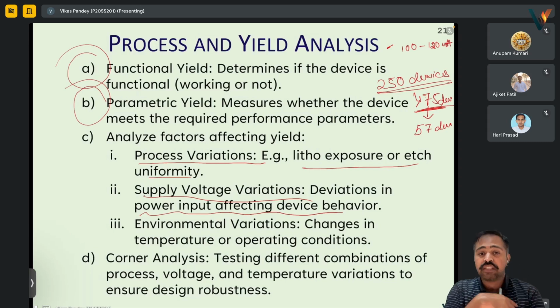So these environmental variations may lead to change in temperature and operating conditions, like humidity and temperature are one of the most important variations that occur.